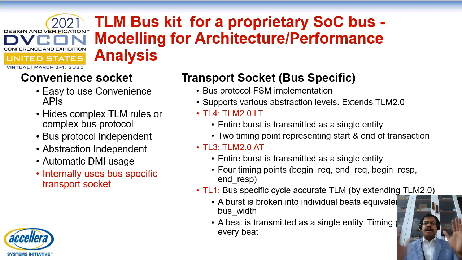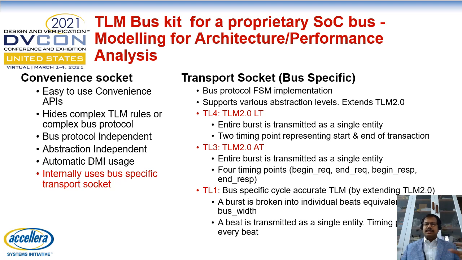So if you try to compare the TLM terminology and the OCP-IP TL terminology, the TL4 level roughly corresponds to the TLM LT style of modeling. Here the entire burst is transmitted as a single entity and there are just 2 timing points. If you look at TL3, it corresponds to the TLM 2.0 approximately timed models.